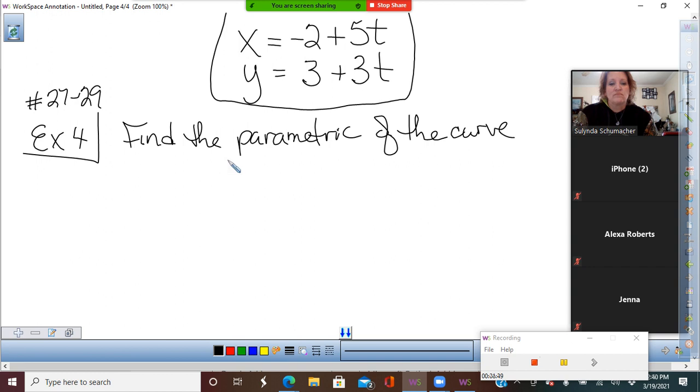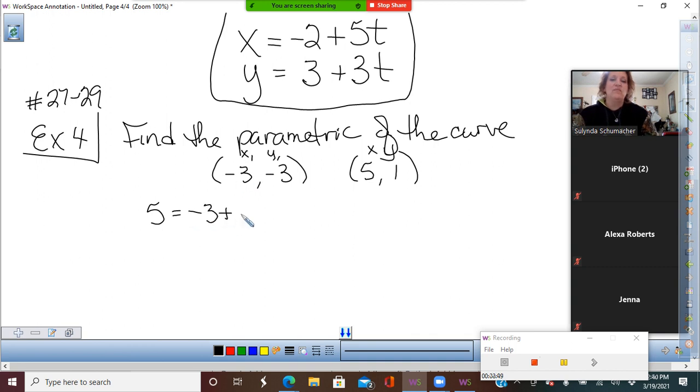And let's say we have the point negative 3, 5 and 5, 1. All right. So again, this is my x1, y1, and this is my x and y. So my x equation, I have 5 equals x1, negative 3, plus a. This is a times 1. Adding that over, I get a equals 8.